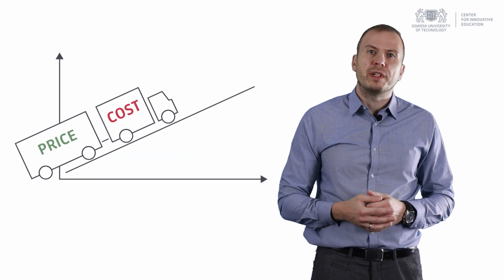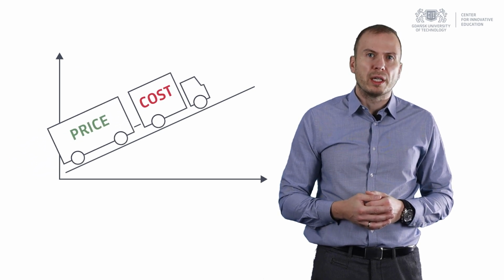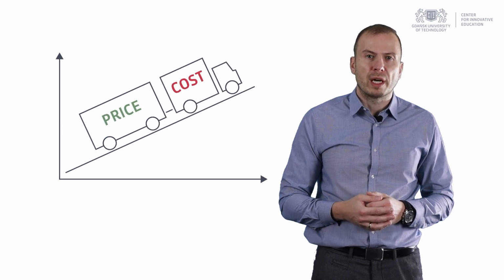Therefore, along with increasing fixed cost, the price of the product sold by the company will have to rise. For this reason, many companies start their activities in the garage, precisely to reduce the level of fixed cost.